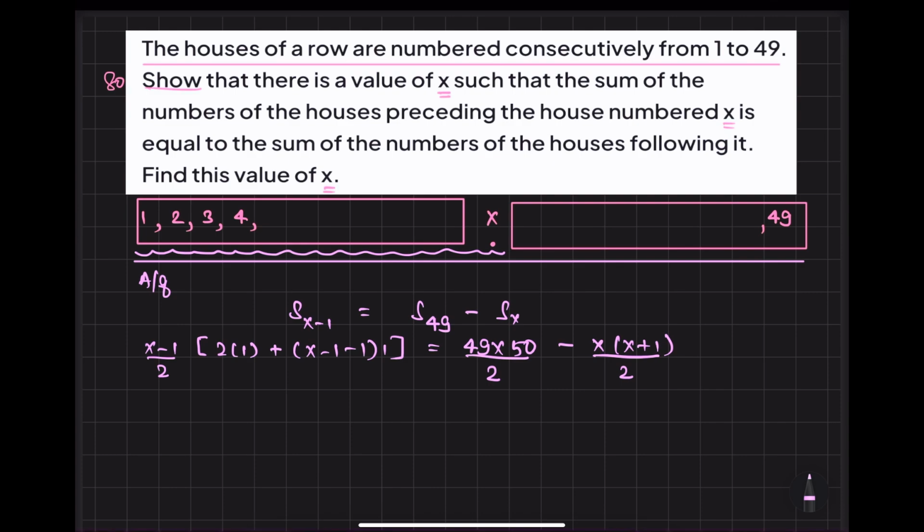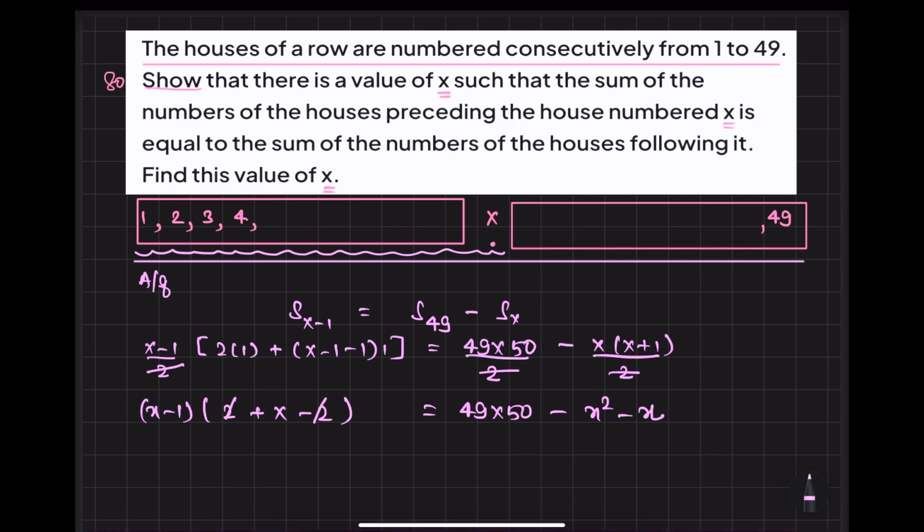If you multiply both sides by 2, you will get rid of this number. Now simplify things. So we get x minus 1 into 2 plus x minus 2, then 49 into 50, then x square minus x.